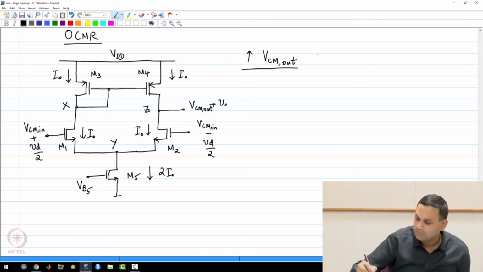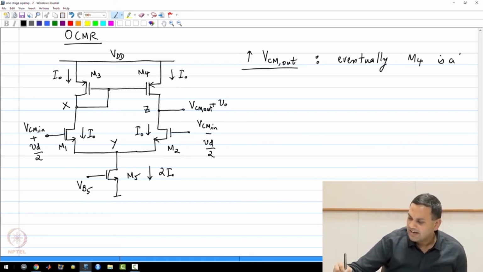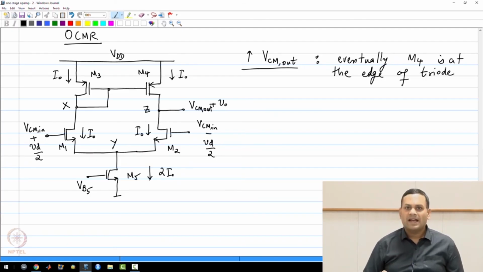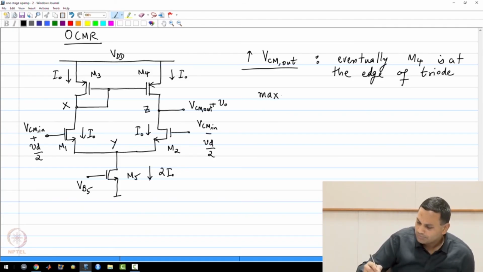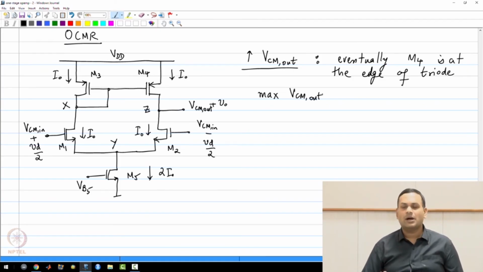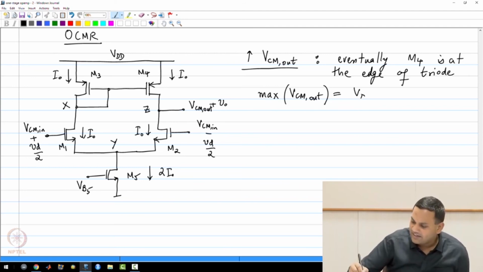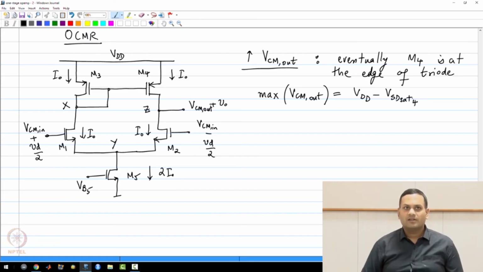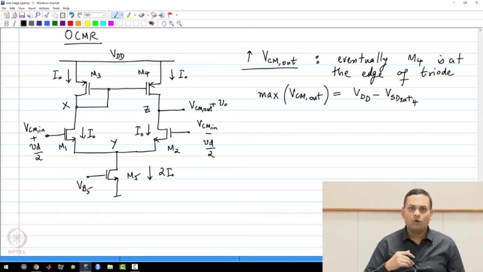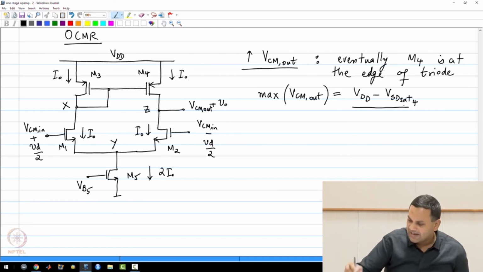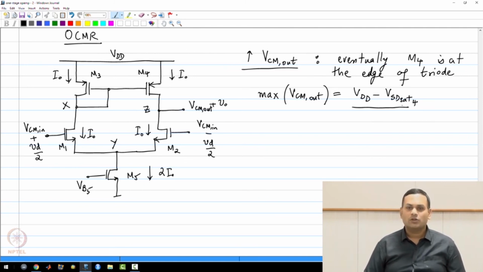So if you try to increase VCM out, eventually M4 is at the edge of triode, and this will happen at a voltage, maximum value of VCM out, when this is exactly VDD minus VSD sat of M4. Because the gate of M4, which is Vx, is at VDD minus VSG, the drain can go one threshold voltage above the gate because it's a PMOS transistor, and this will be the maximum voltage at the output that can be achieved without sending M4 into triode.